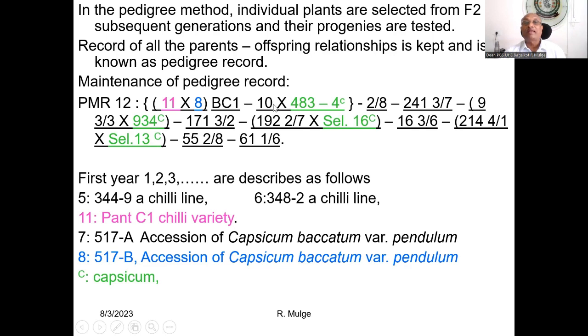For the 10th row, the plant is not specifically mentioned, and it was crossed with 483-4, which is a capsicum variety. It is not the same parent they used in the next backcross generation; this capsicum parent was used as a recurrent parent, right? 483 plus was crossed with the line derived after this 11 x 8 BC1. So you backcross and get seeds, and in the next generation you get several seeds and sow them in rows.